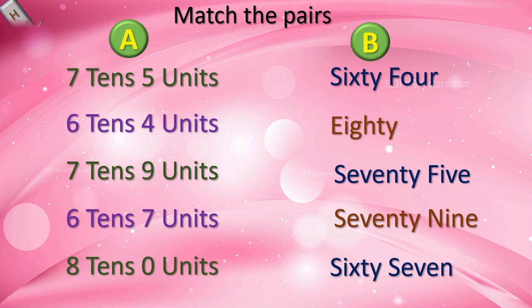Okay, you have to match the correct number from A to B. One I will show you. First one, 7 tens and 5 units. You know what is the meaning of 7 tens and 5 units? Is nothing but, yes, 75. Right? Like this only you have to match the rest all pairs. Okay? Right? You will do now?